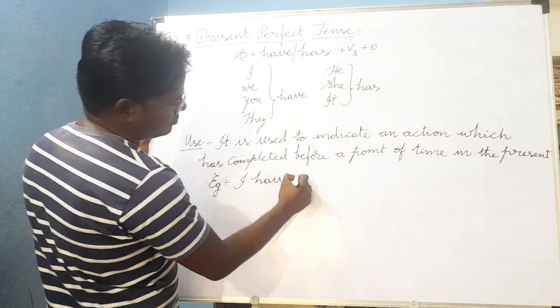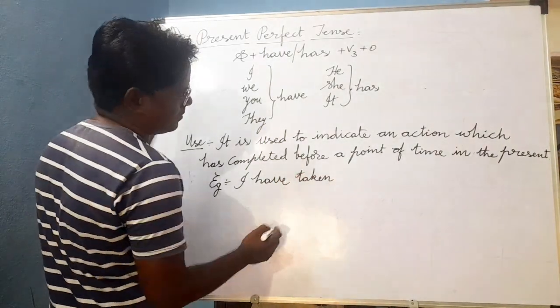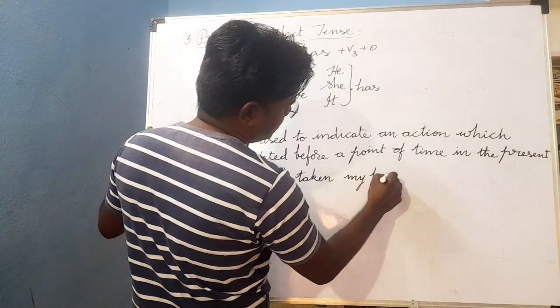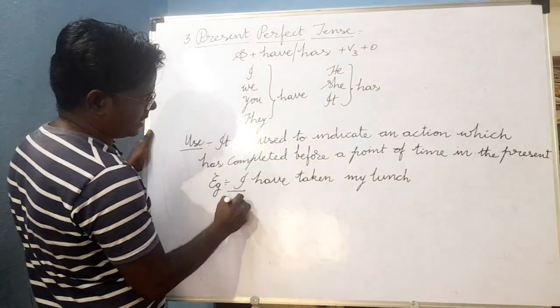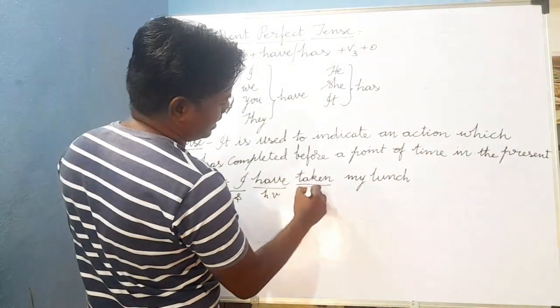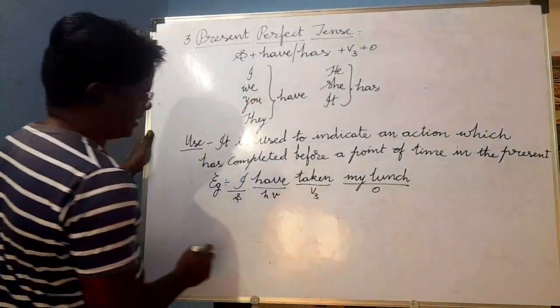Okay, come to the examples. I have taken my lunch. So this is the subject, have is the helping verb, taken is the V3 form, and my lunch is the object.